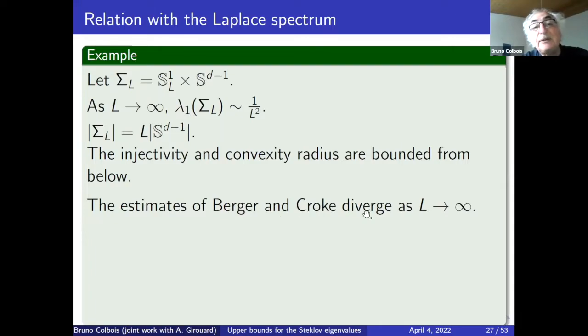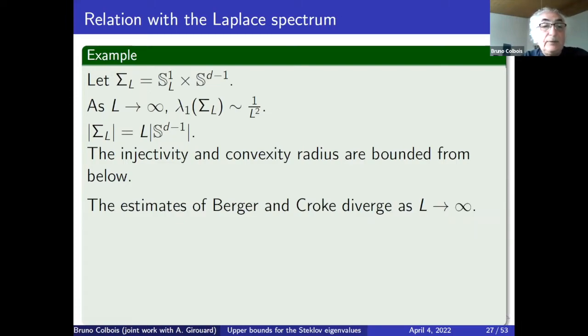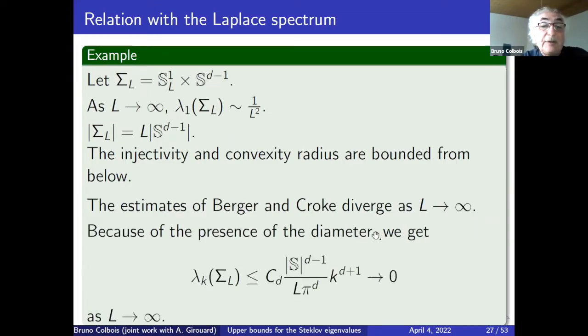So the estimate of Berger and Croke diverge as L goes to infinity. The volume divided by the injectivity radius goes to infinity. But if you look at our estimate with the diameter, because of the presence of the diameter, we get this, it goes to 0, like 1 over L.